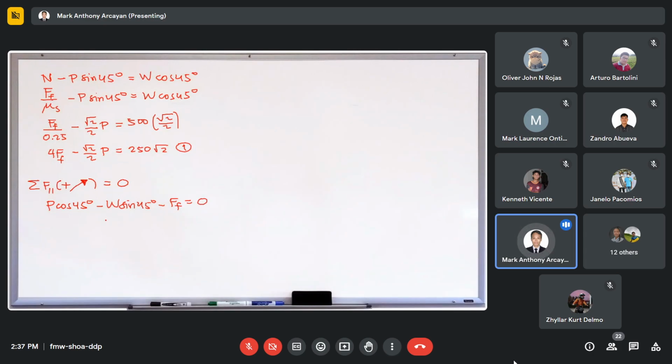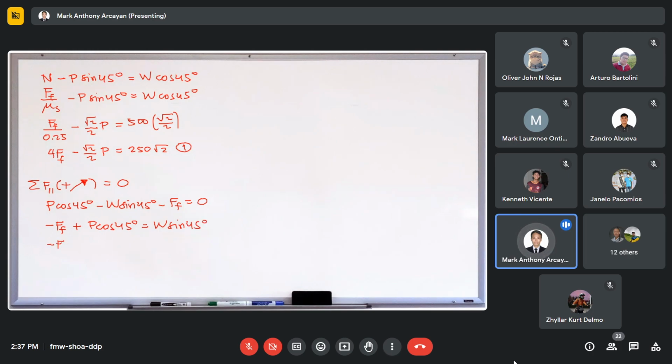So, ato i-combine ang mga unknowns, no? Ato nang unahon butang ang frictional force. So, minus F sub F. Akong gi-unang butang para pareho siya og format sa equation 1. Then, plus P cosine 45 degrees is equal to, ato ni transpose ning W, so W sine 45 degrees.